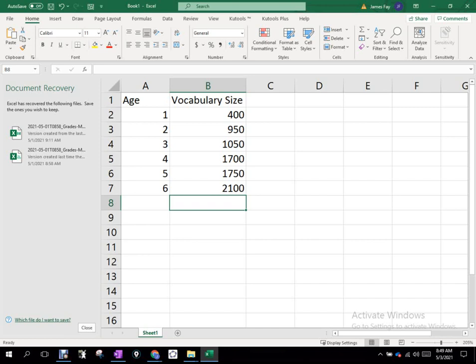Then they start to track vocabulary sizes for those children, and research has shown that there is a positive correlation between the size of children's vocabulary and that explanatory variable, the length of time that they've been read to. Does that kind of make sense?